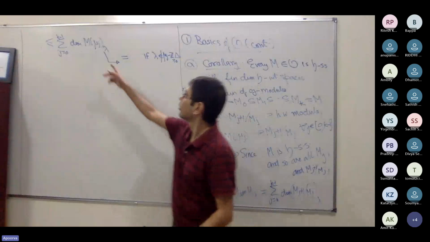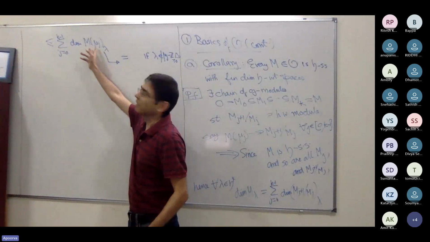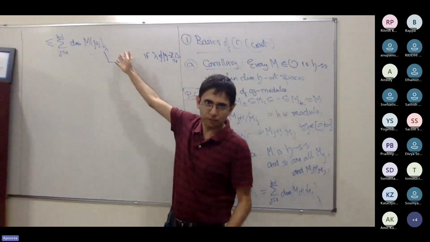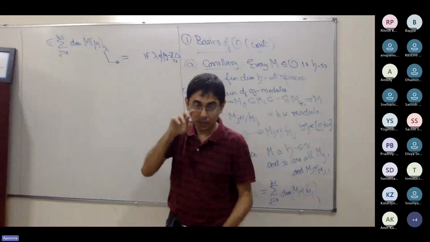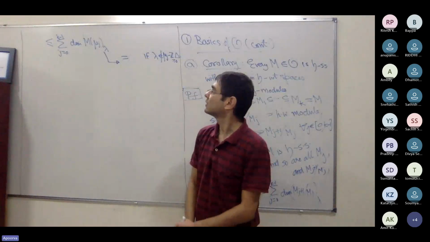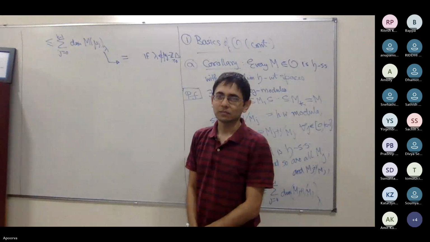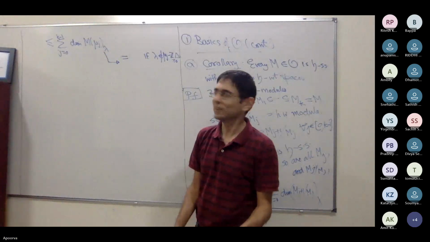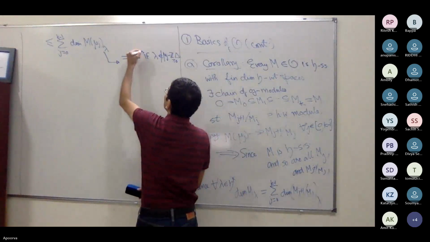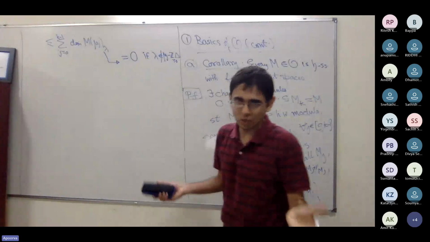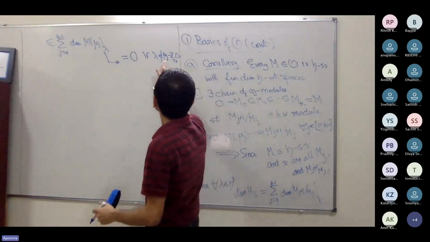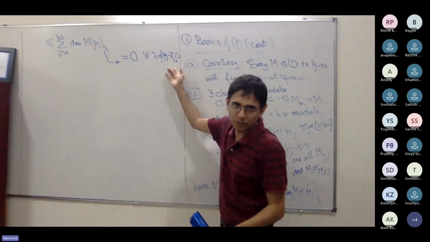If you cannot apply lowering operators to the highest weight vector here and get any vector of weight lambda, then what is the dimension of that weight space? Somebody? That's just zero, because there's no way to write mu j minus lambda as a sum of positive roots.